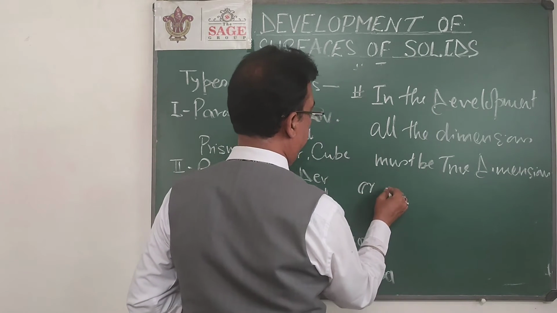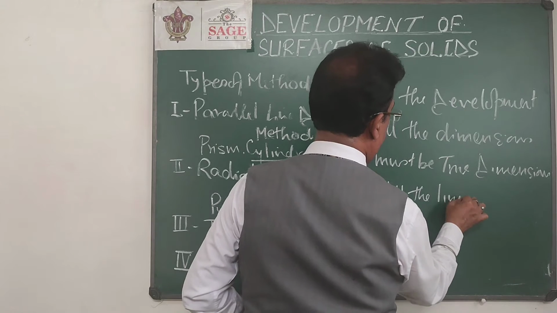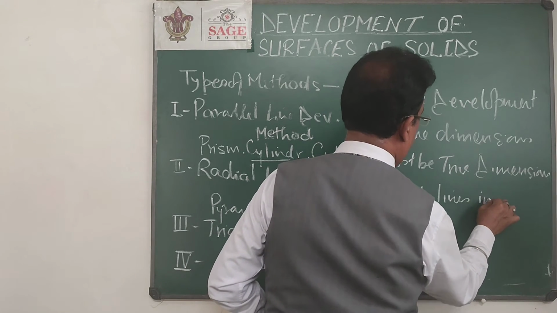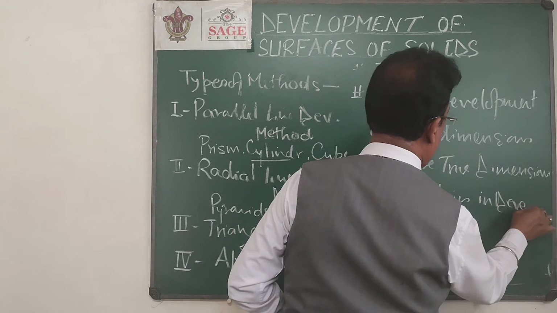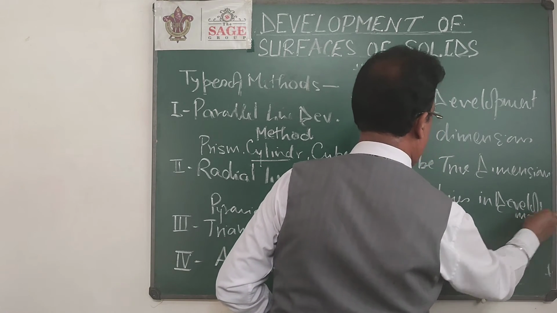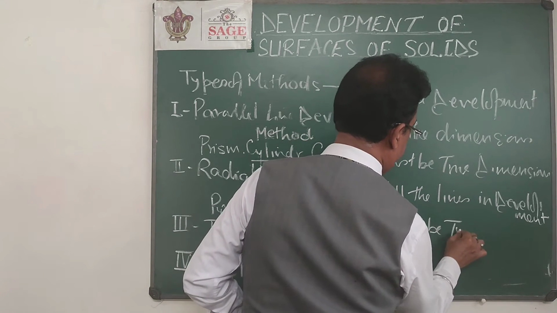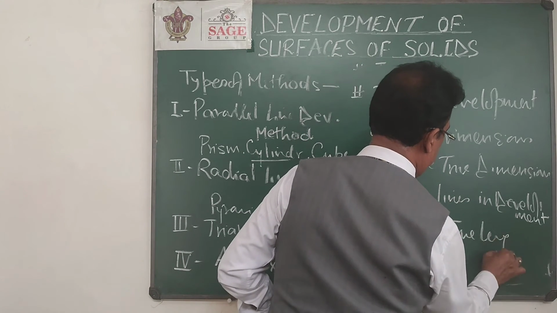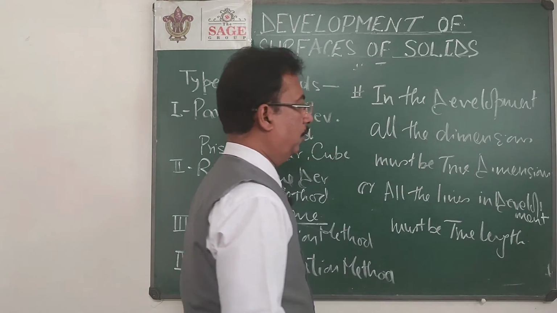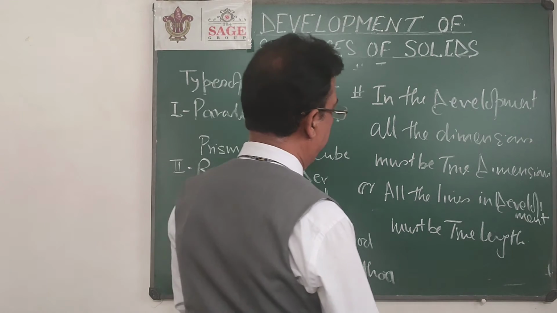Or you can say all the lines in the development must be true length.